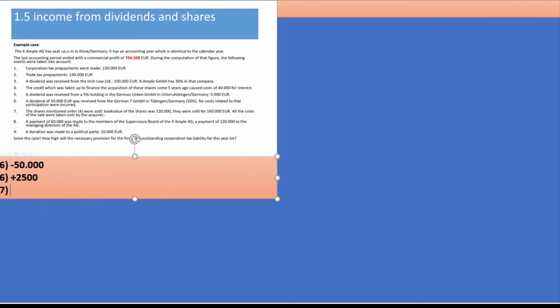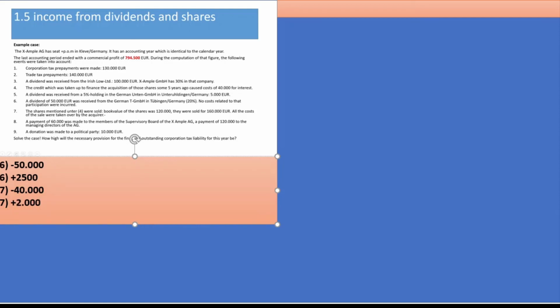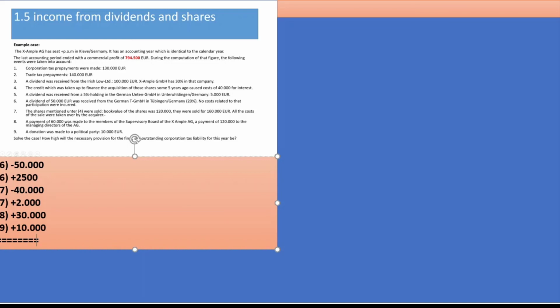Number 7, the shares which were sold, minus 40,000 are eliminated from the profit, but you have again the lump sum of 2,000. Then we have, due to event number 8, plus 30,000, and under 9 we have plus 10,000 to be added back. And if we add all that, ladies and gentlemen, suspense is rising in an intolerable way.